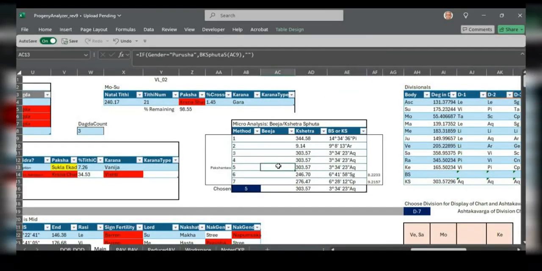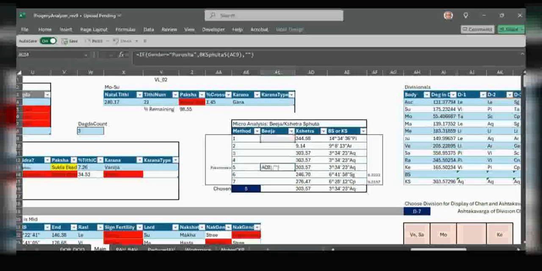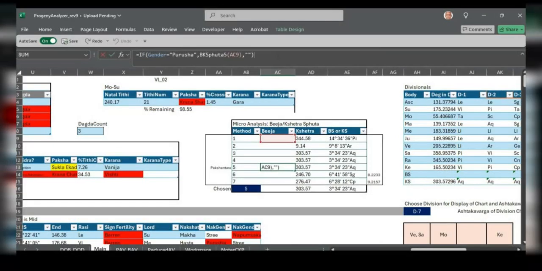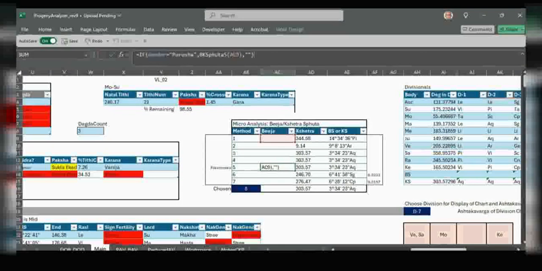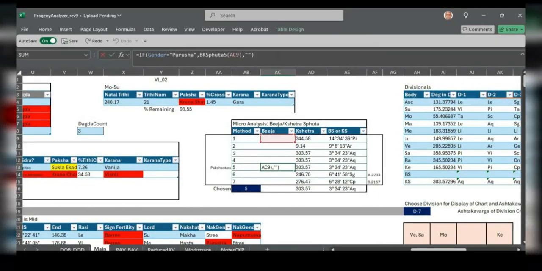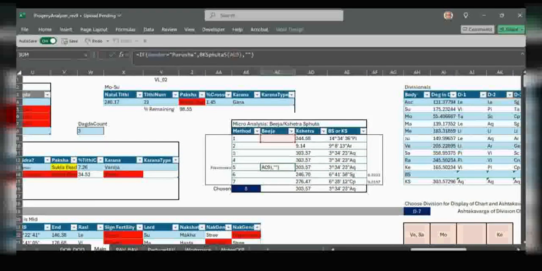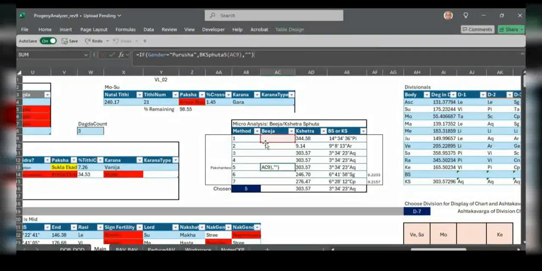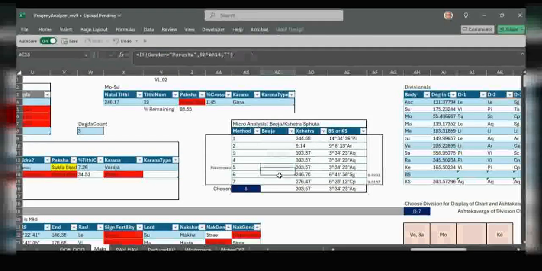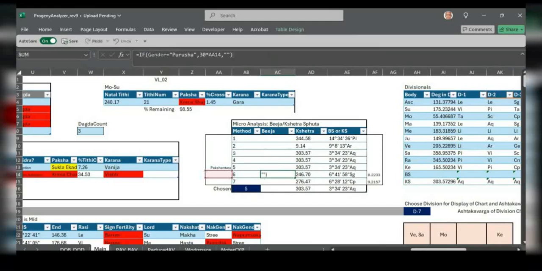This fifth method, in fact, is an interpretation by the author. You can go to the notes and check how these are computed. The fifth method is based upon the Bija Sphuta of the first method itself. So we can use the first method's Bija Sphuta or the second method's Bija Sphuta, which is actually calculated here.